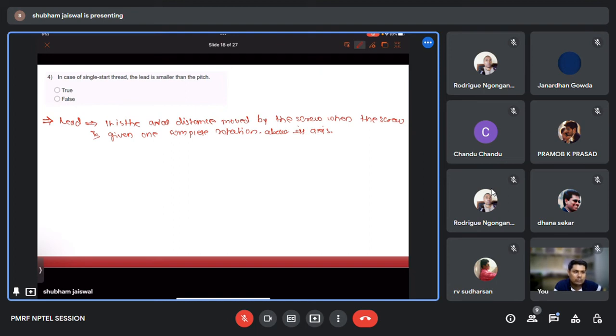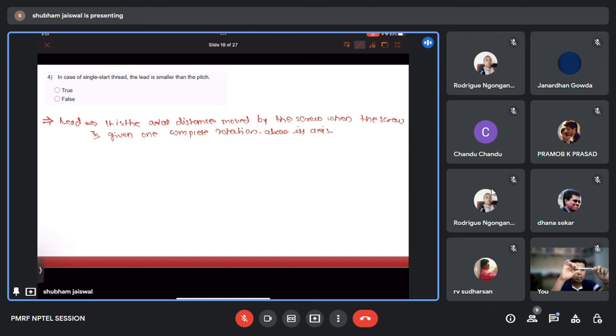Anyone? So, okay. If you take a single start thread, and if I give one complete rotation to the screw, as you can see, I have a pencil in my hand, so let's assume this is the screw, and I am rotating it, giving it one complete rotation, okay.